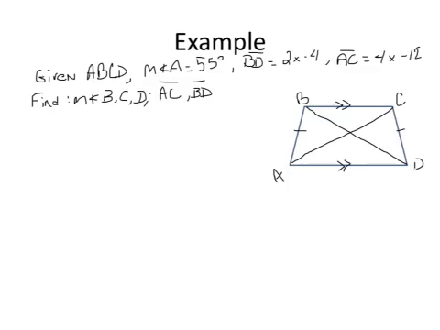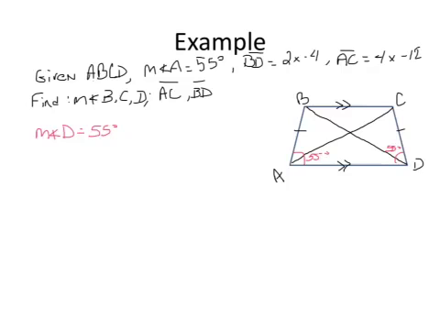So this is an isosceles trapezoid because side BC and side AD are parallel, and sides AB and CD are congruent, okay? Which means that our base angles are going to be congruent. So if the measure of angle A is 55 degrees, then the measure of angle D will be the same thing. So the measure of angle D is equal to 55 degrees.